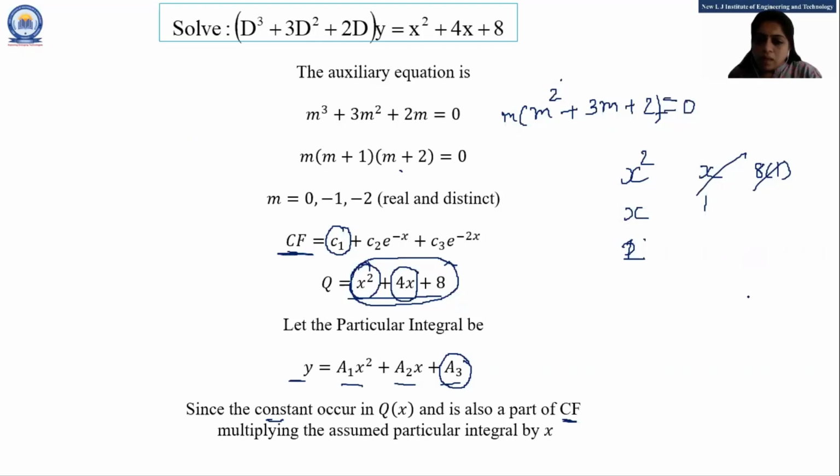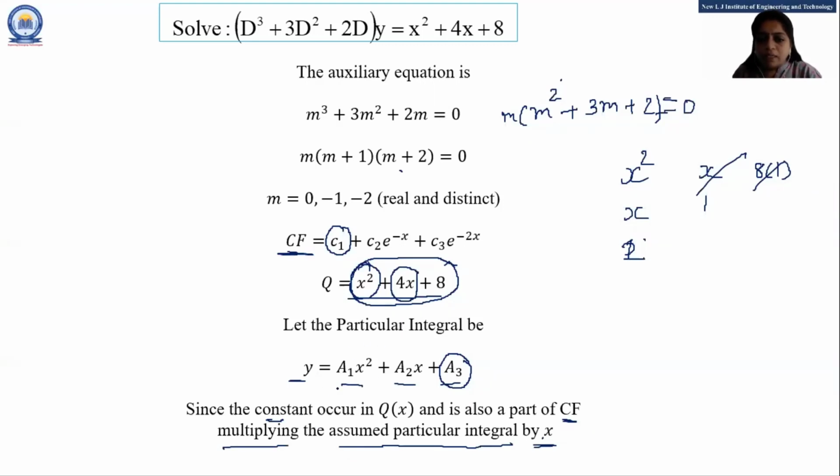So, one common term. Listen carefully, everyone. When there is any common term between this CF and your assumed particular integral, you have to multiply your assumed particular integral by x. Got it? So what is your new assumed particular integral?